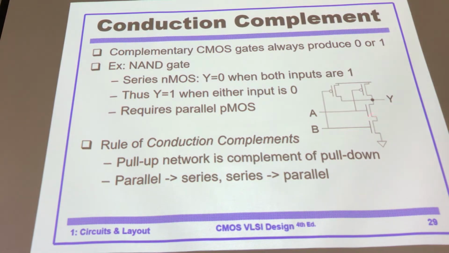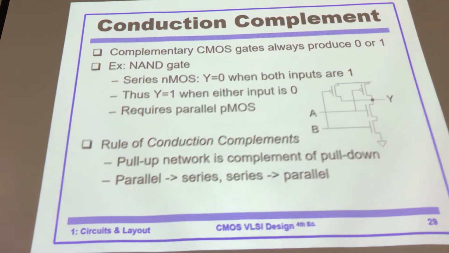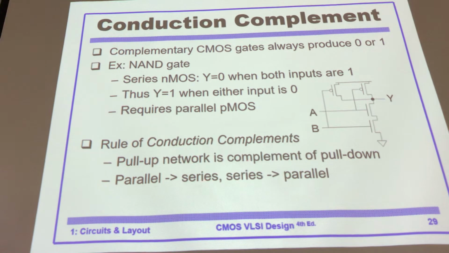When the NMOS connection is parallel, then the PMOS transistors correspondingly have to be in serial. That's the rule of conduction complement. The pull-down network is the complement of the pull-up network. So if one is in parallel, the other must be in serial, and vice versa.